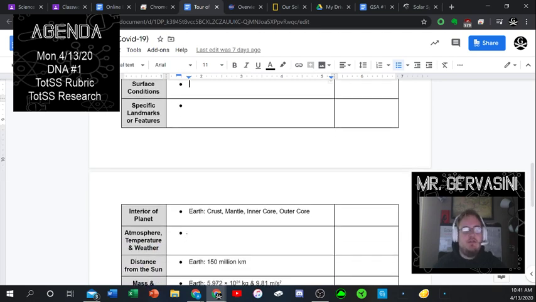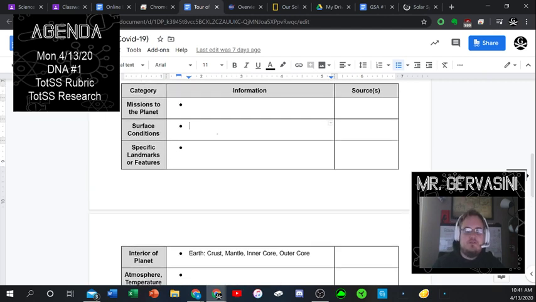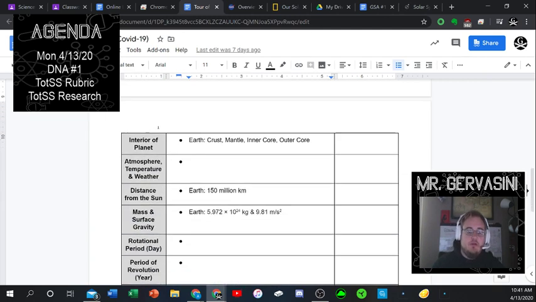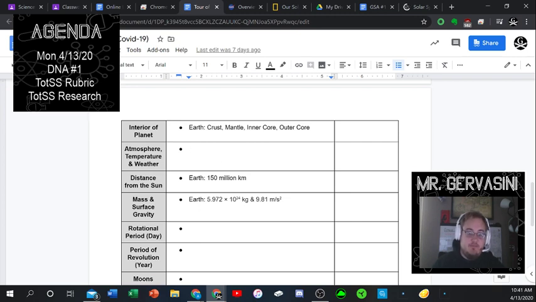Yes, so some boxes apply more to other planets. You're not going to find much for surface conditions for a gas planet, but you're going to find a lot of information about atmosphere, temperature, and weather. Some of the planets don't really have a lot about atmosphere, temperature, and weather, Mercury as an example.